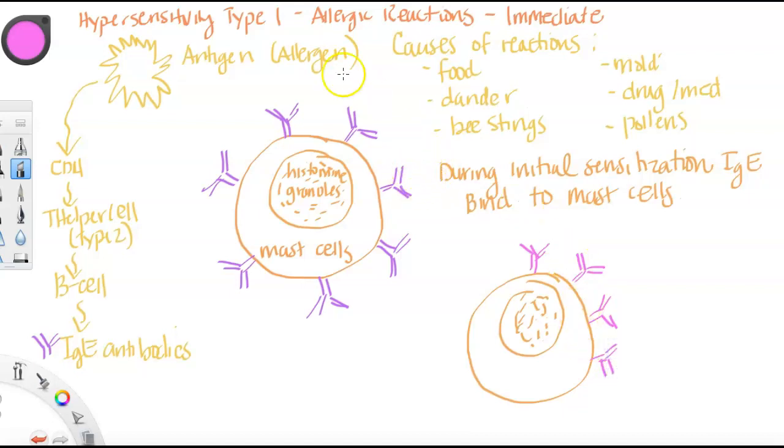okay, and when they see that antigen again, they bind to it, and what happens is it will bind to one, and if it binds to the other one as well, so here's my antigen, this is called cross-linking.